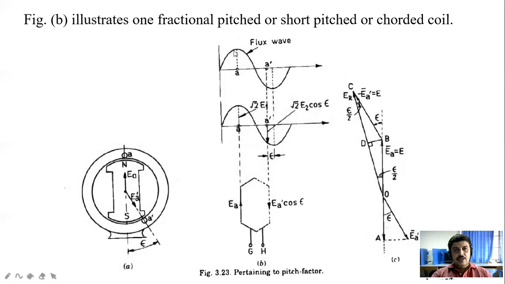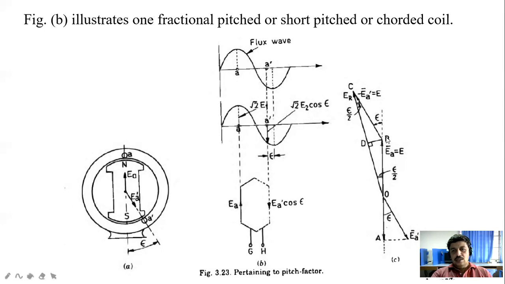That means if we draw the flux wave, this is the sinusoidal representation. For a full pitch coil, the A dash conductor is at this particular place. That means for the A dash conductor the flux density would also be maximum if that coil were full pitch. But in this case, as the coil is chorded by angle epsilon, the position of that conductor is lagging behind its full pitch position by angle epsilon.